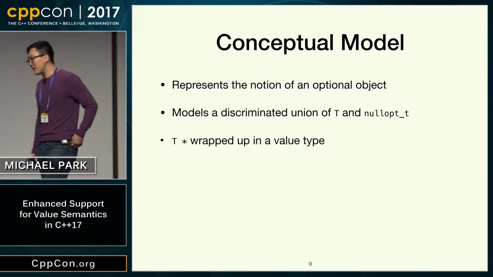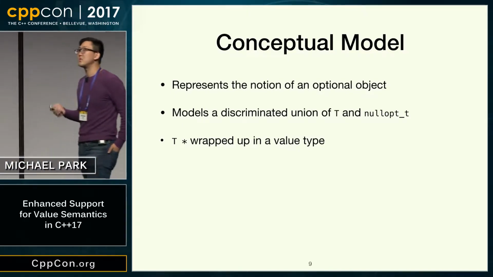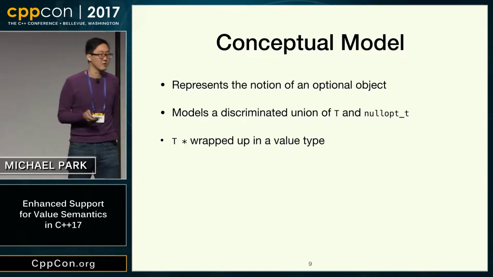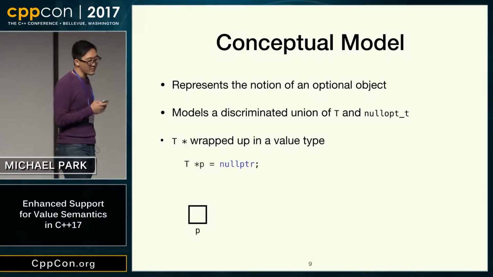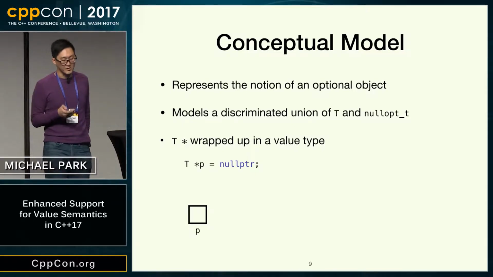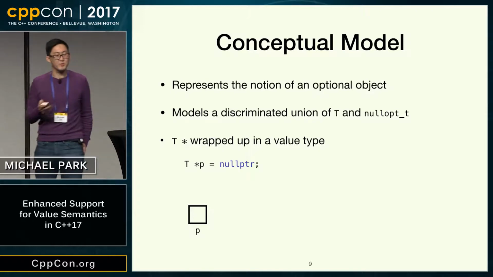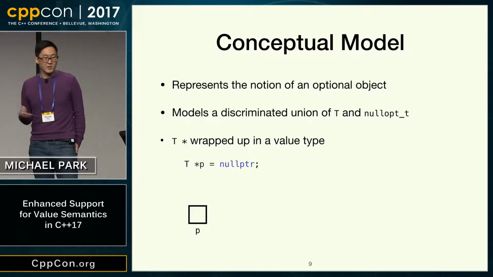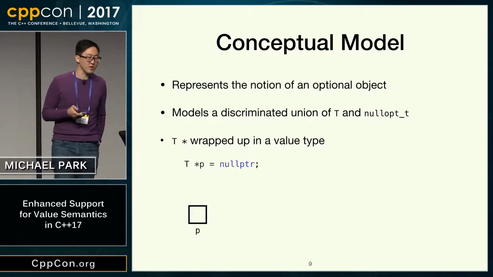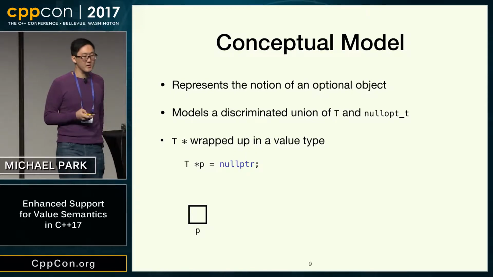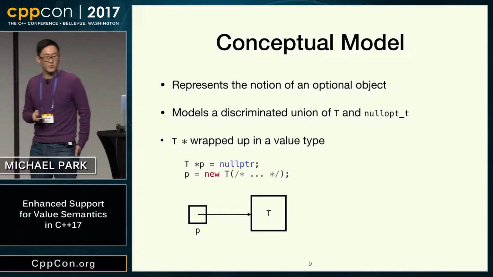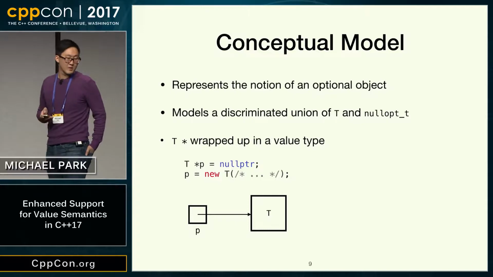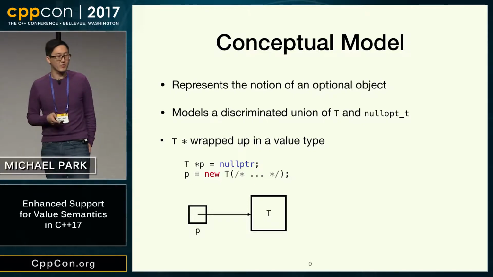Another way I like to think about it is that this is actually a pointer to T wrapped up into a value type, right? So if we think about how this looks as illustrated by this diagram, I've declared some pointer P to some random type T. It points to nothing at the moment. And then we can create a new instance of T and assign it to P. And P points at T. And this is what we have.